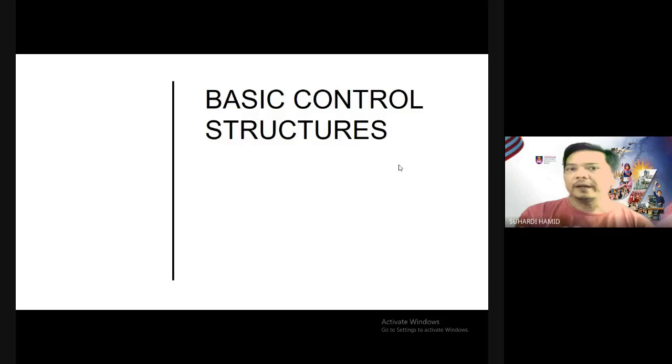So today we are going to look at what contents we can put in there to perform the processing. Yeah, the IPO: input, process, and output. This is where basic control structures come in handy. Not only can we process the data, but we can do a lot of things with control structures.